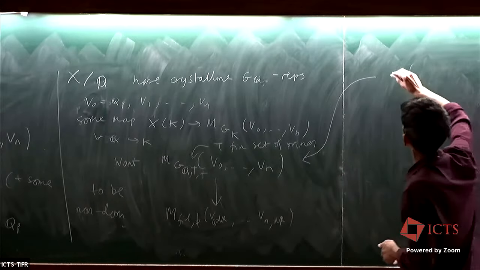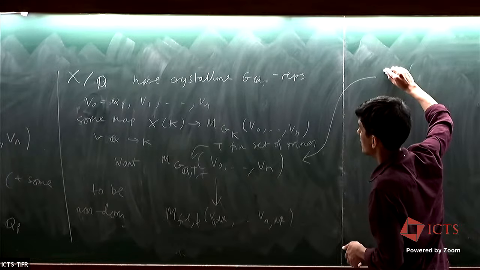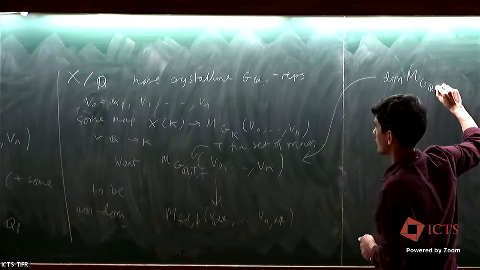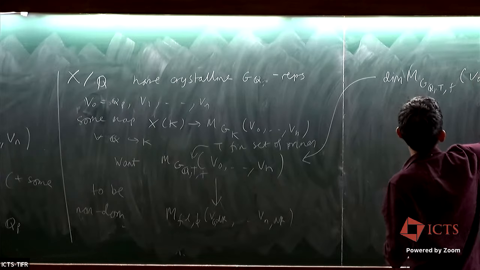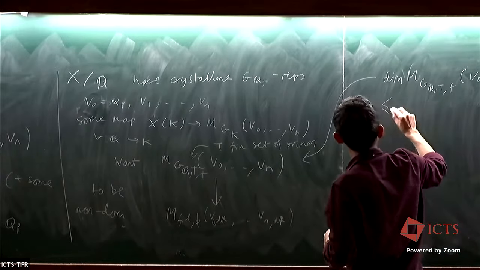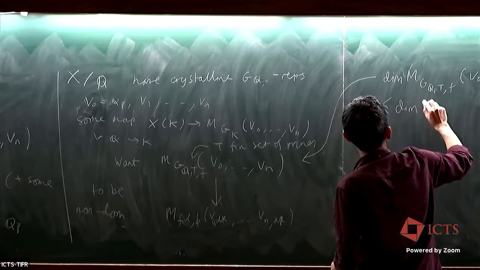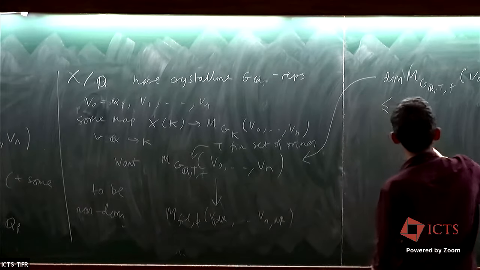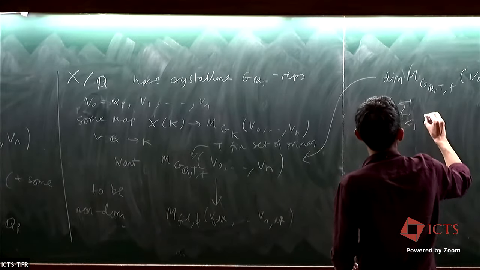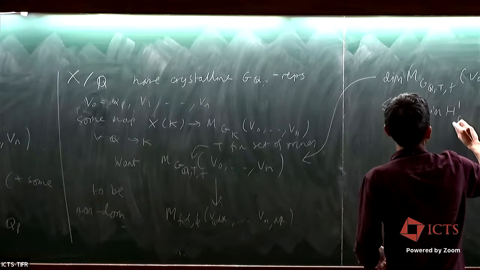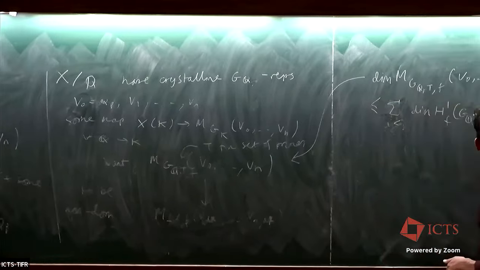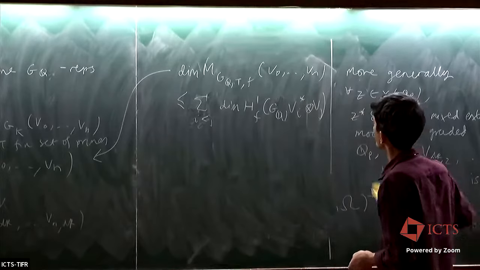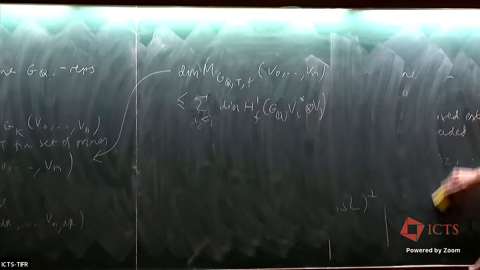In particular, you can say the dimension of this space is the sum over all i less than j of the dimension of some Bloch-Kato Selmer group, which again is a bit of a black box.